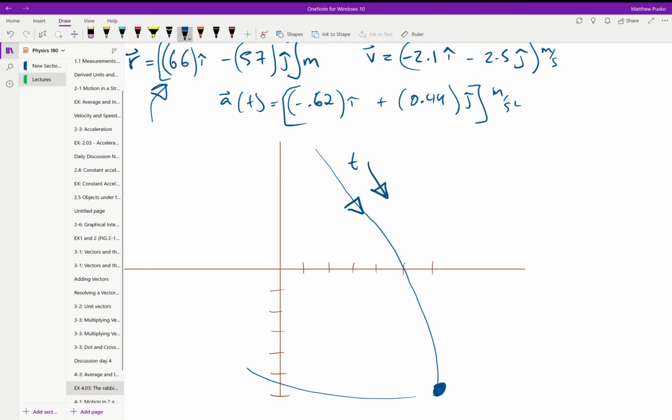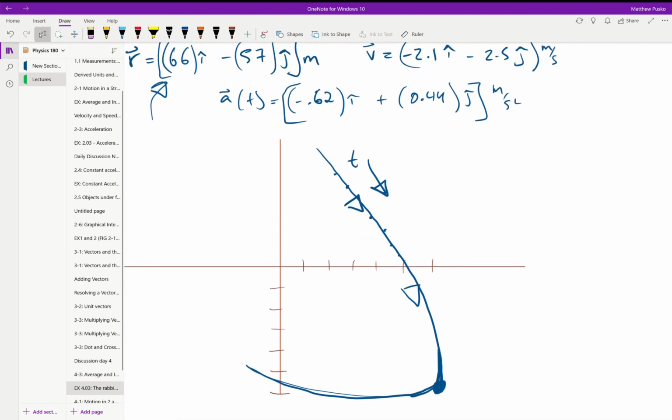As time gets bigger, you start plotting points in this direction. So you know that's the direction of motion along the path. Let me clean this up a little bit. There we go. A little bit better.